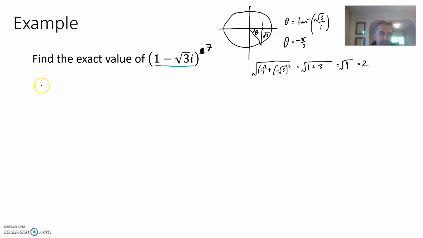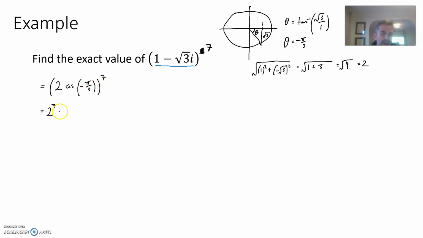So putting this into polar form, we're going to end up with 2 cis negative pi over 3, all to the power of 7. Now this is where de Moivre's theorem comes in. So what we're going to do is this 7 is going to become the power on the 2.